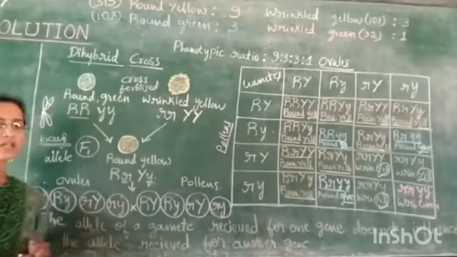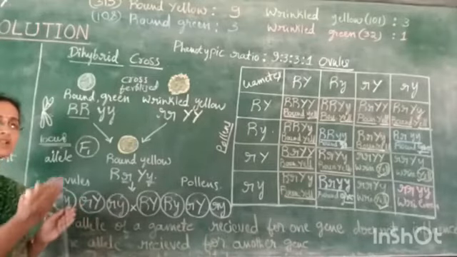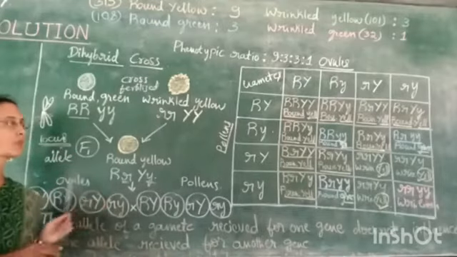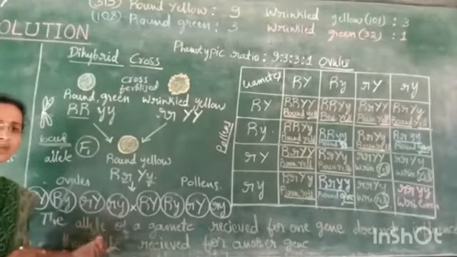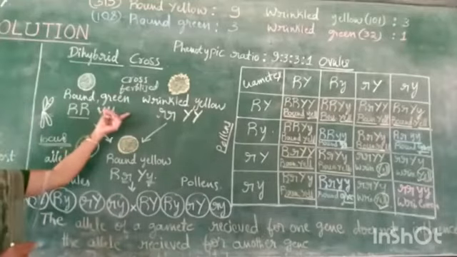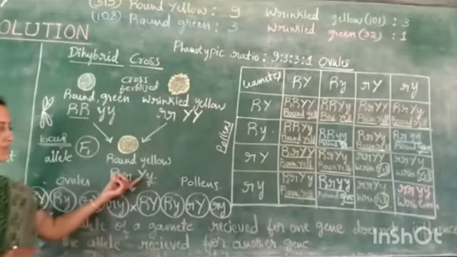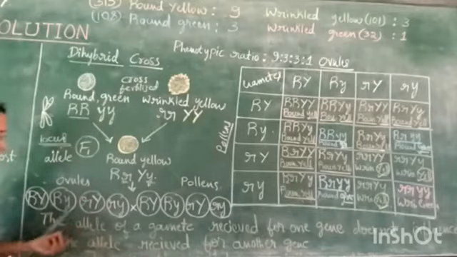Self-pollination means he took the pollens from a flower and transferred them onto the stigma of the same flower. That gives us information about the parental genetic composition. So when he self-fertilized these F1 generation plants, how did the crossing of the gametes take place?